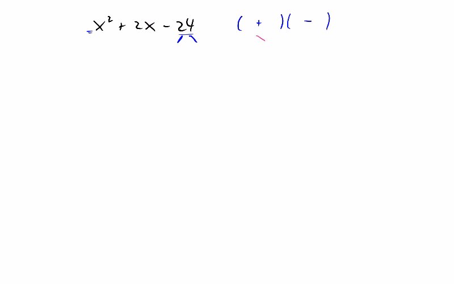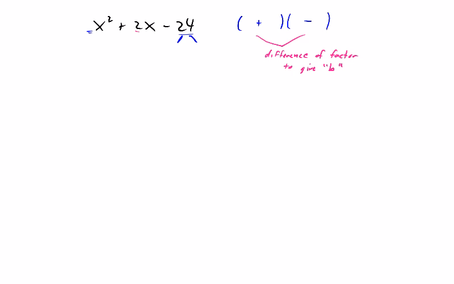And what this tells me right away is that I'm going to be looking at the difference of factors, and we always want the difference of the factors to give us the B term. In this case, the B term is 2, so we're looking for the difference of factors that would be 2.